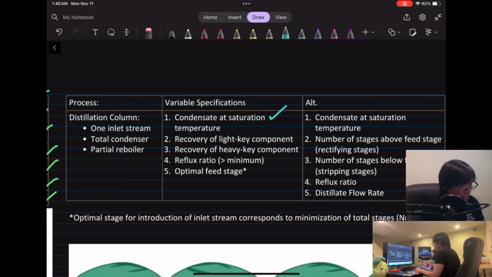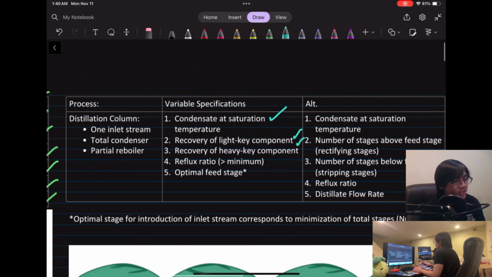So saturated liquid, light key, and heavy key. That recovery rate can be specified in either the distillate or the bottoms. Pick whichever one you want, but recovery rate is definitely the better option, so we avoid that mass balance issue I explained earlier. Reflux ratio minimum.